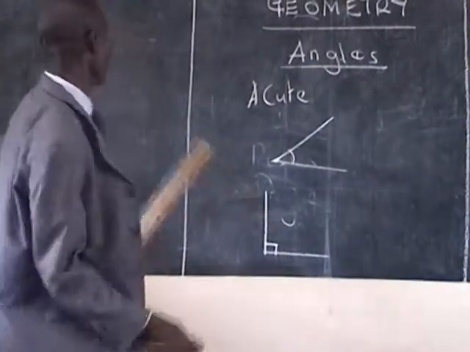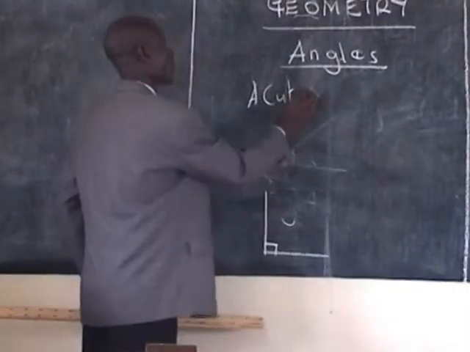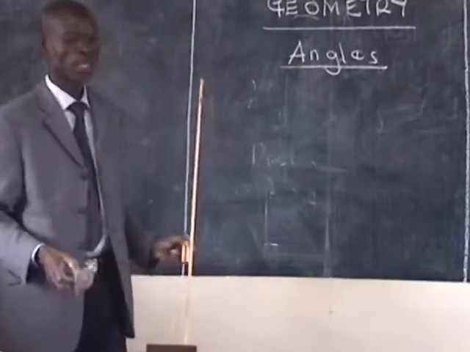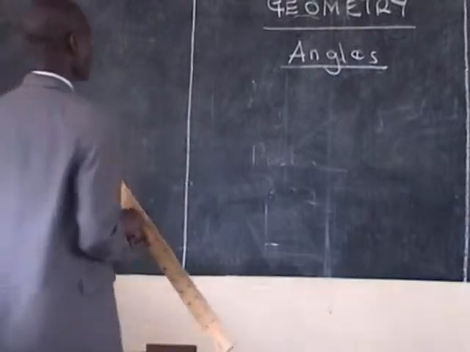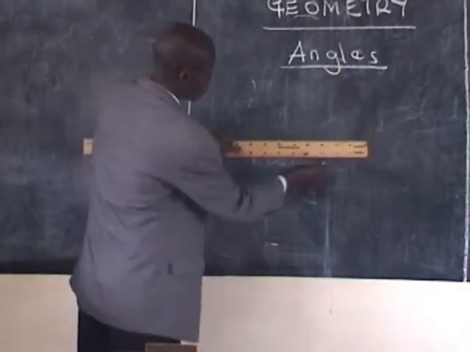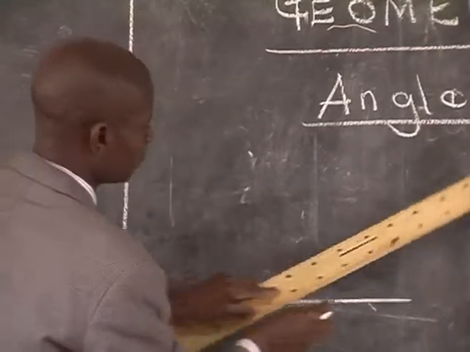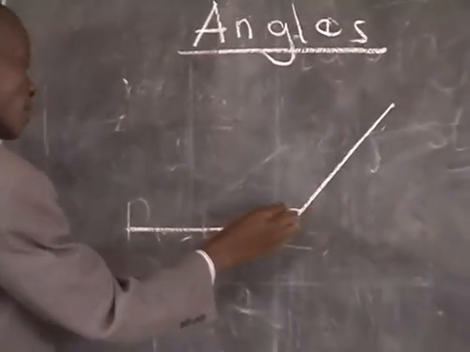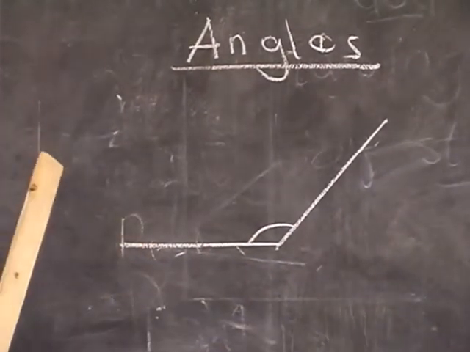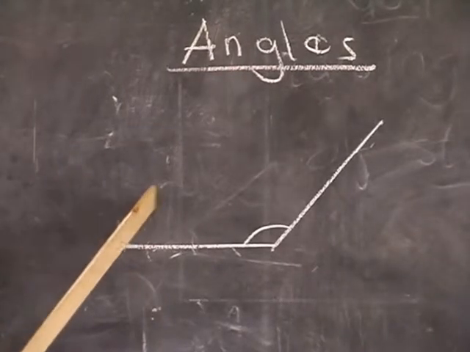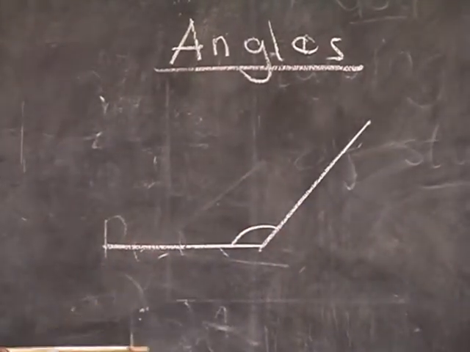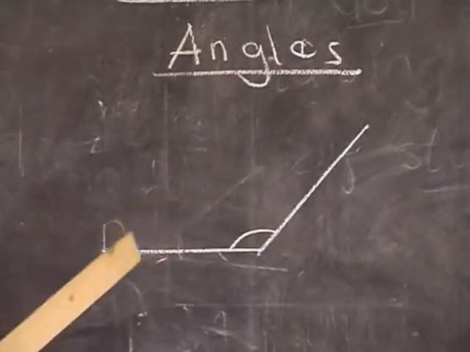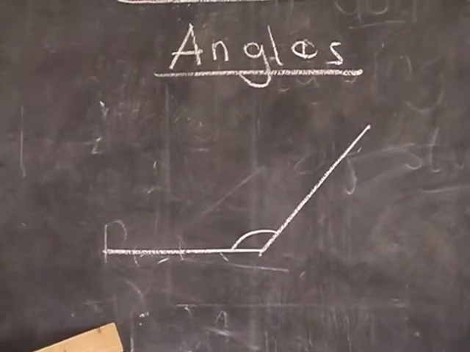To draw an obtuse angle, remember that an obtuse angle is an angle that is less than 180 degrees, but more than 90 degrees. So this is how we're supposed to draw an obtuse angle. So the angle I've just drawn on the board, compared to the right angle that we drew some minutes ago, is more than the angle that was marked 90 degrees.